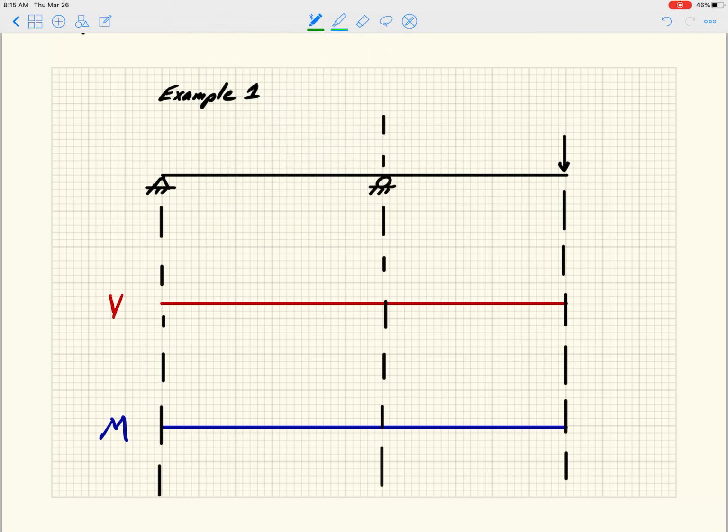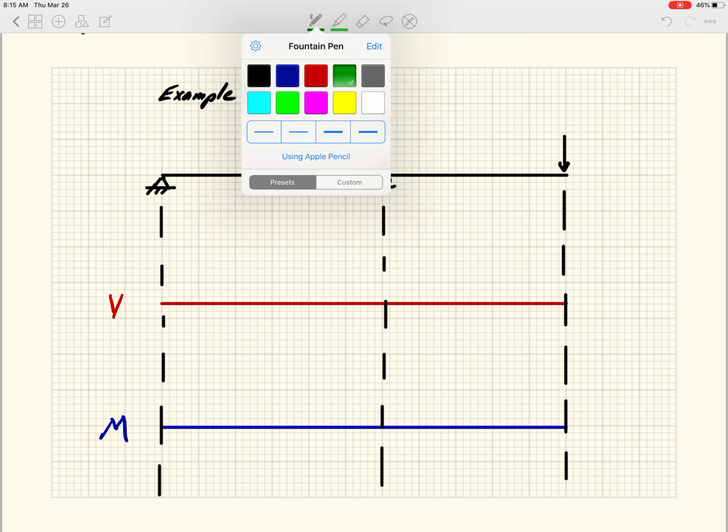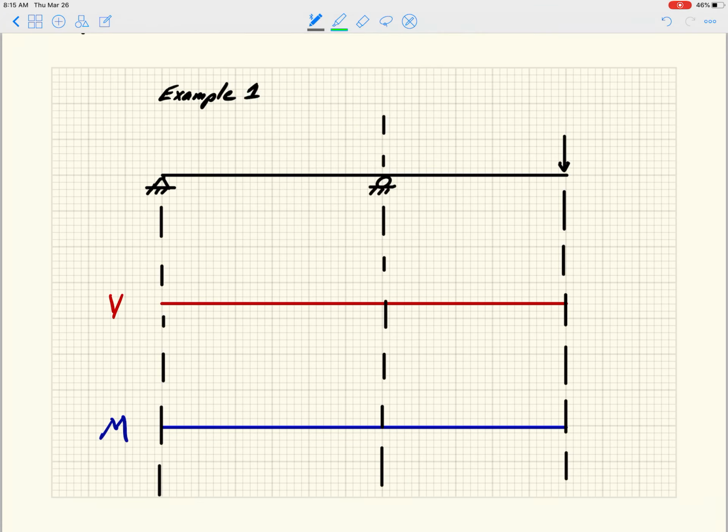So I am going to draw, maybe I'll try to do it in gray here, the deformed shape, right? So the deformed shape requires that we stay at this pin and we stay at that roller, right? And you can see, since we're pushing this beam down, this guy is going to have to deform downward. I'm going to say it's going to deform there, right?